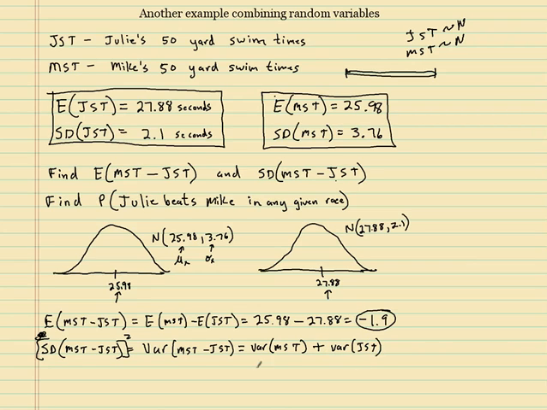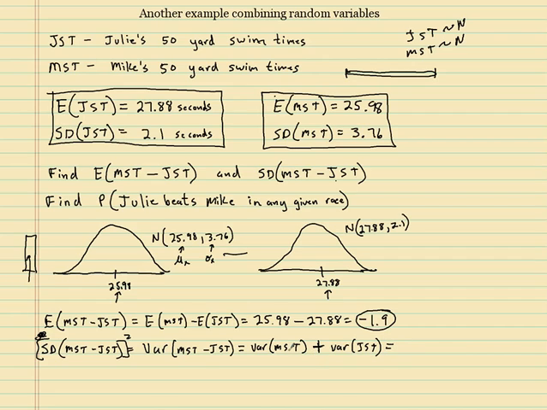I'll say it one more time: there's variance here and there's variance here. If there wasn't any error, he'd have to get the same time every time. If I subtract these two, I'm not going to get less variance, I'm going to get more variance. That's why you add them.